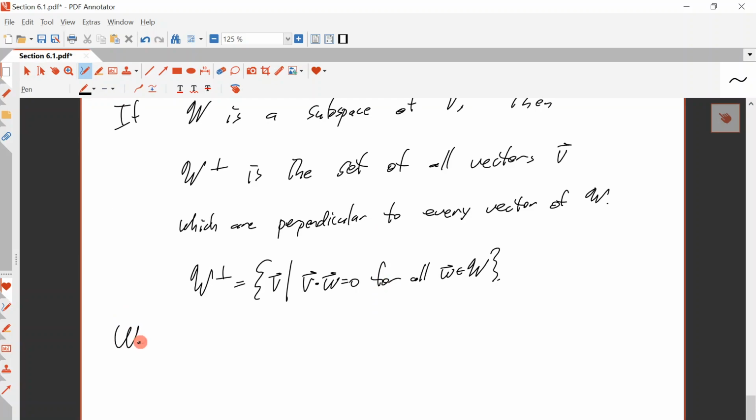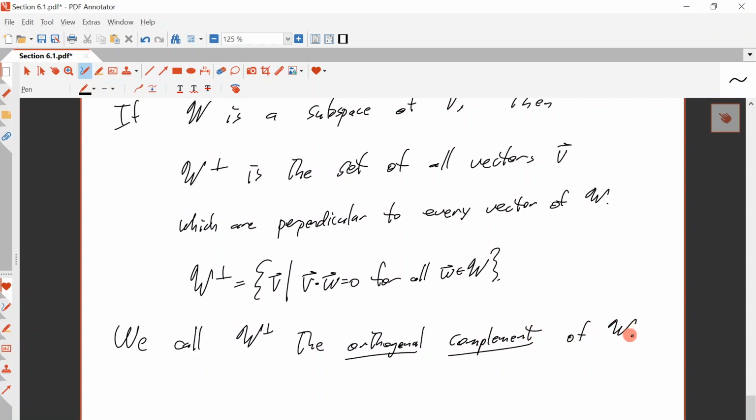Sometimes we say W perp, but it's really called the orthogonal complement of W, or it's called the dual space of W. So, orthogonal complement or dual space.